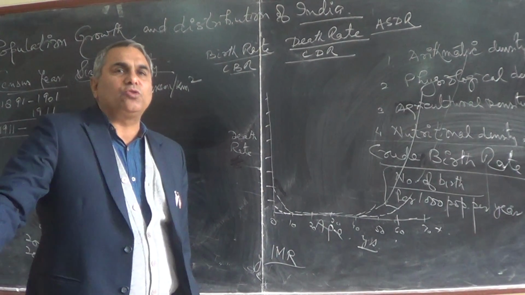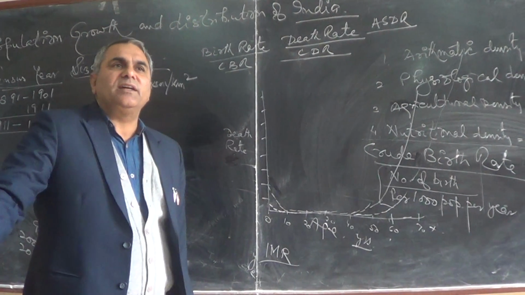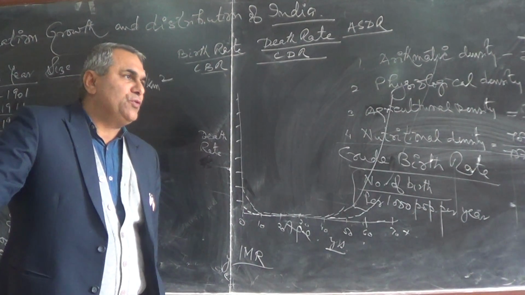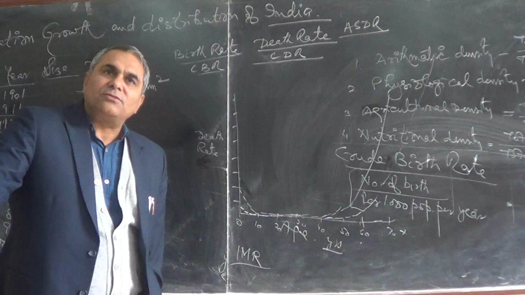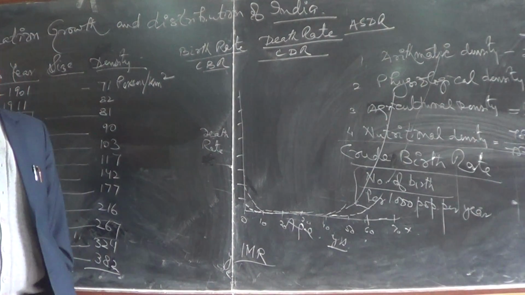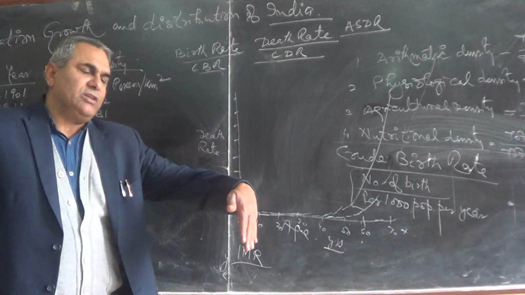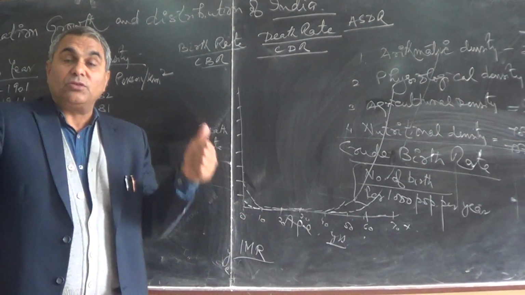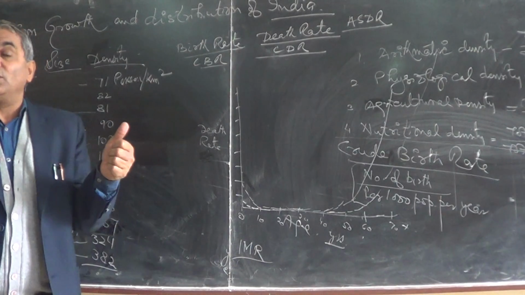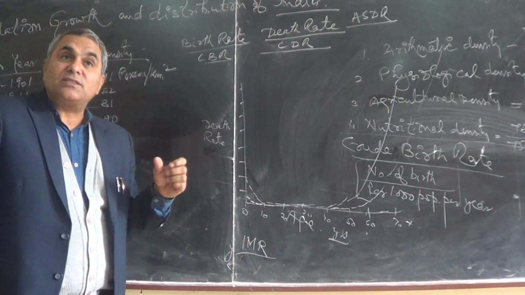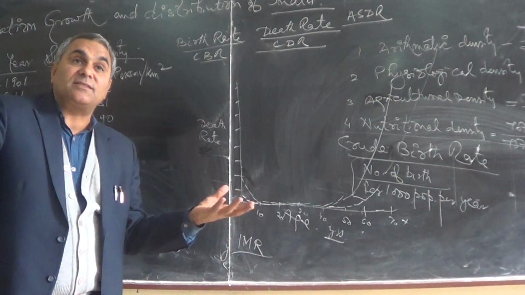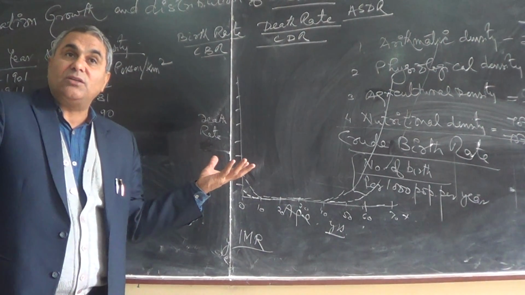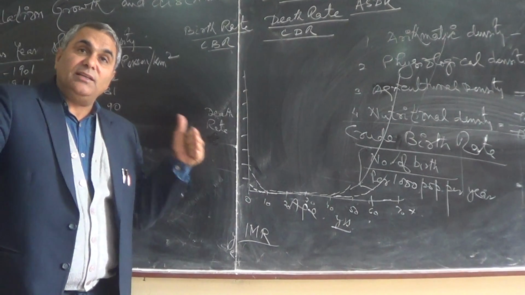Age groups mean 0 to 5, with a different death rate; 5 to 10, a different death rate; 10 to 15 decreases; 15 to 20 decreases; 20, 30, 40 is almost nil and negligible. Because in this age, the young or youthful age, man develops resistance to the adversaries of climate and environment, and he remains healthy.